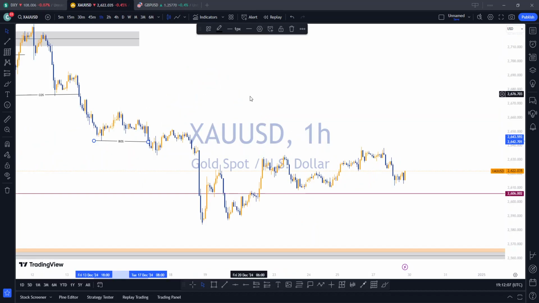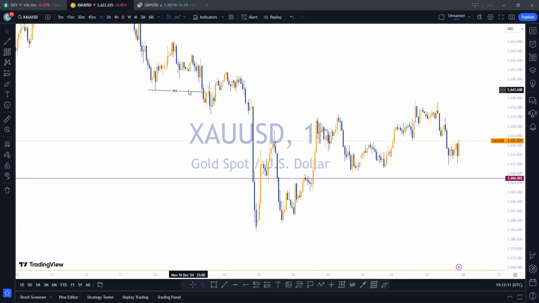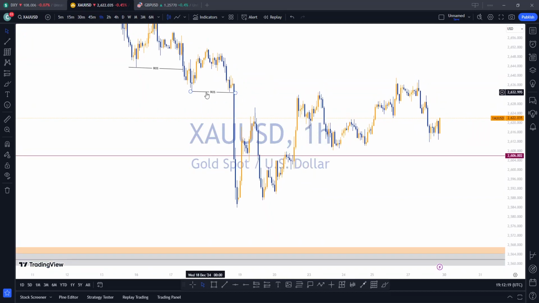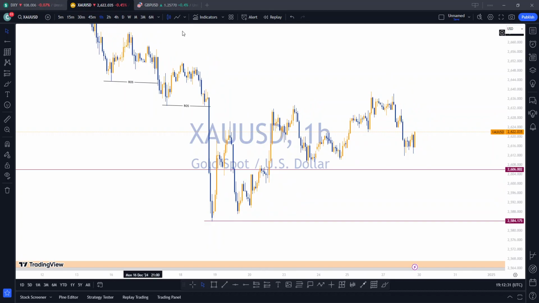It's my daily time, my 1 hour time frame. Then we broke structure here, right? This is the lowest we've been based on the current price action before tanking to the upside, right?